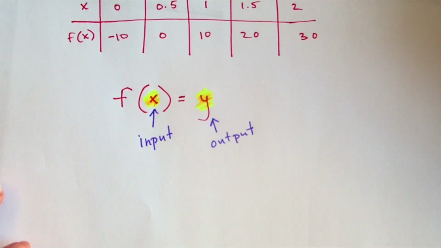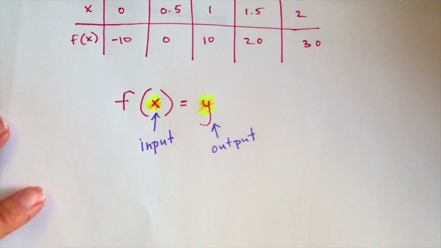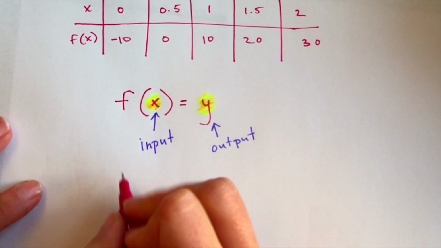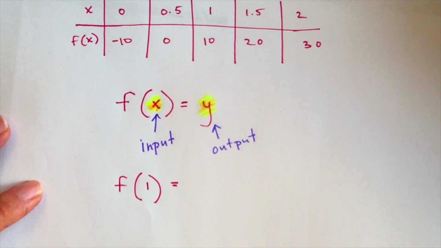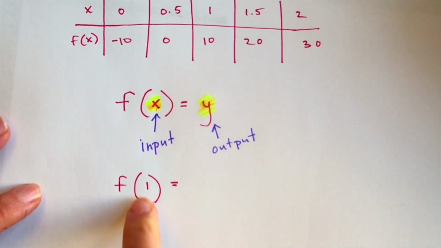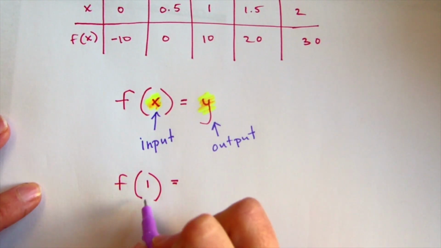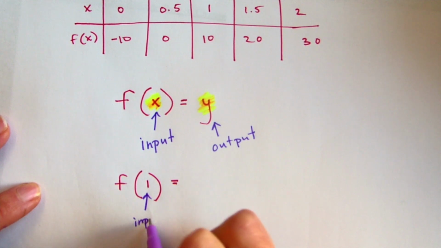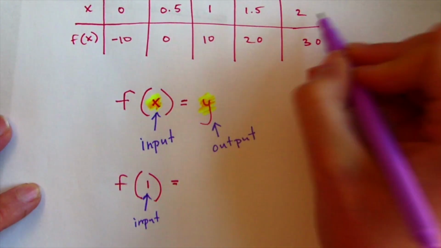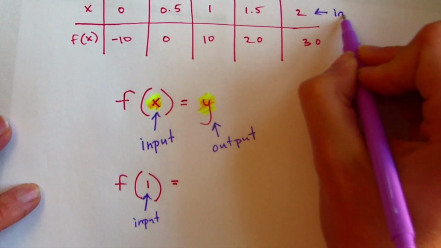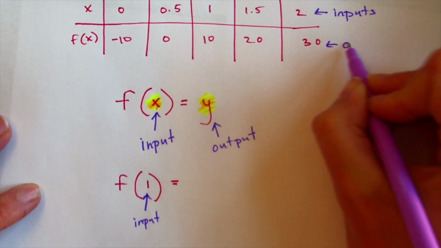So let's do that. If I asked you to use this table to evaluate f of 1, you say, okay, the number that's inside the parentheses I know must be my input. And if I look up at my table, I know these x values are my inputs, and these f of x, y values are my outputs.